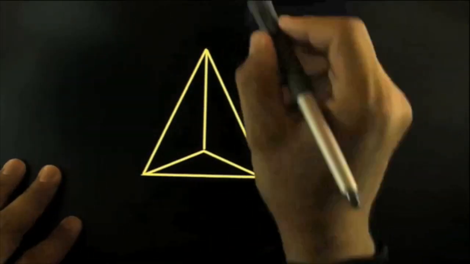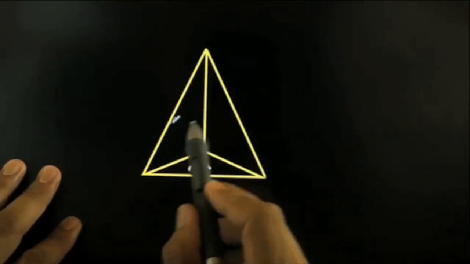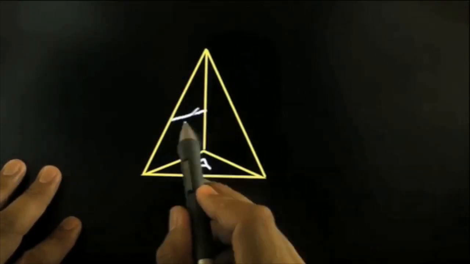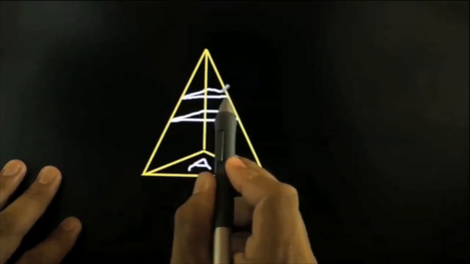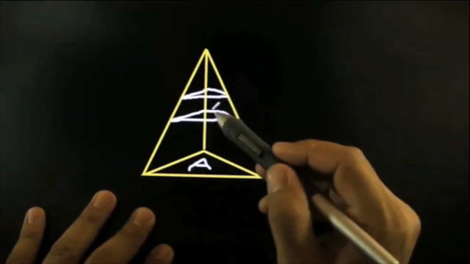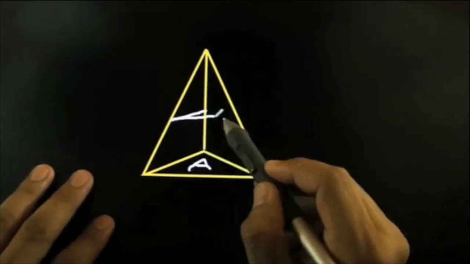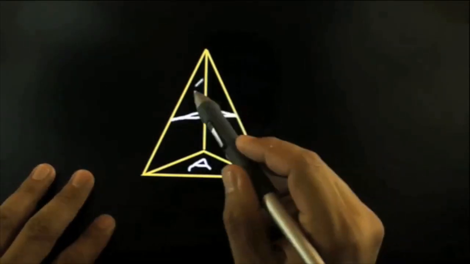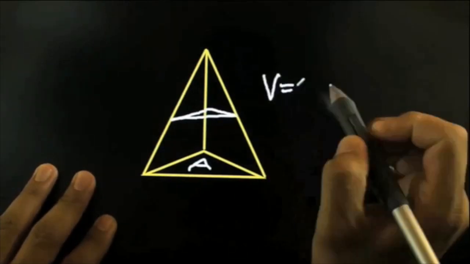So these cross sections on the bottom, you start off with some area A, and the shapes as you go up are still the same, but they have smaller and smaller area, although proportional, until they end up in one single point at the top. Then what's the volume? That's the interesting question.